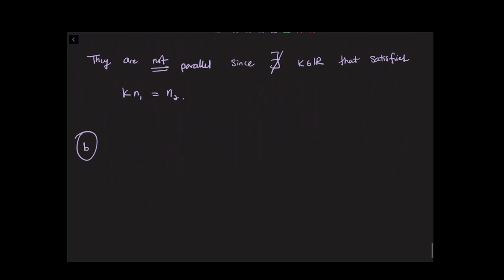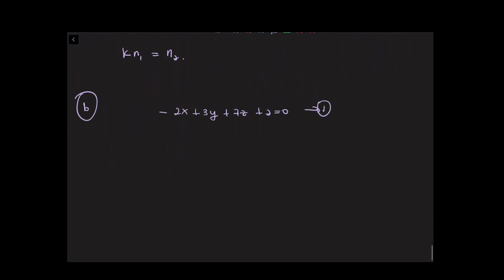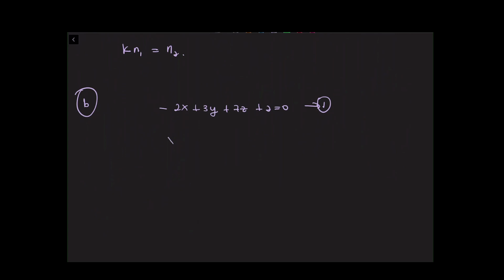So we are given, I'm just rewriting the planes: -2x plus 3y plus 7z plus 2 is equal to 0. Let's call this equation number 1. And we are also given that x plus 2y minus 3z plus 5 is equal to 0. That's my second equation.